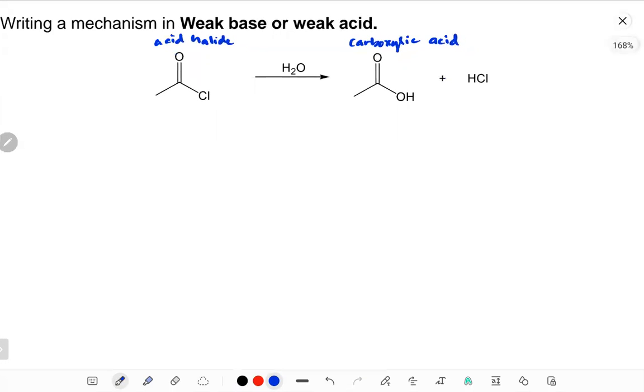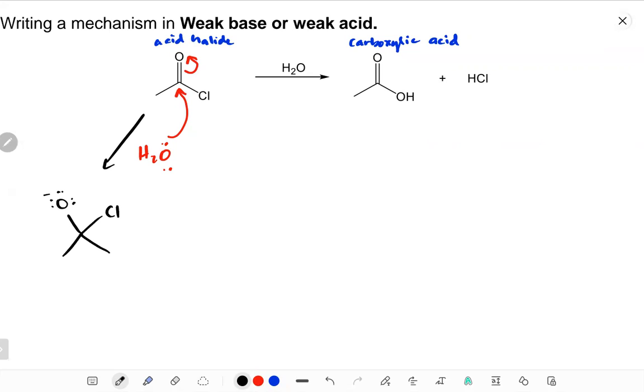So the first step is like the mechanism that I've shown you on the strongly basic condition. Okay. You have water here, and this will attack the electrophilic carbon, and you'll end up getting a tetrahedral intermediate here.